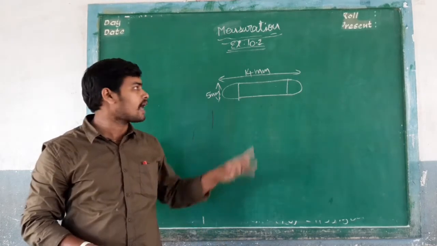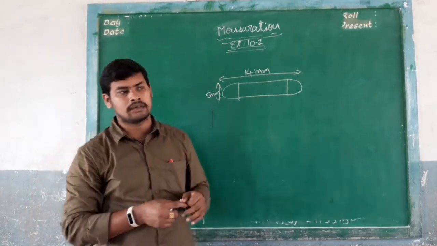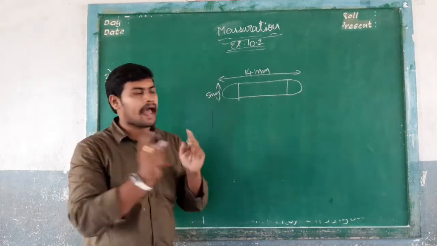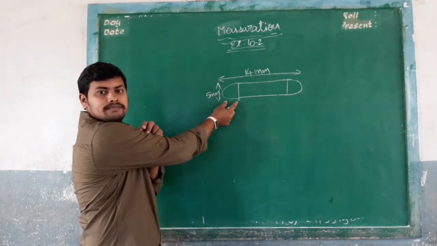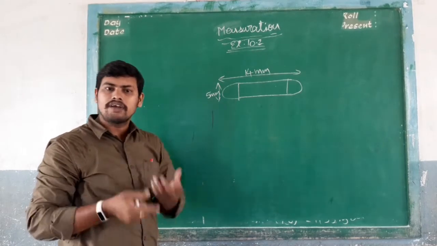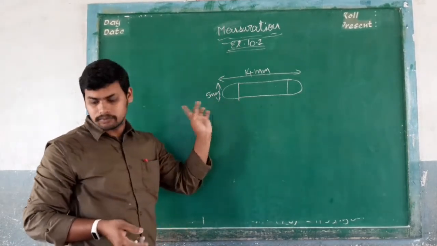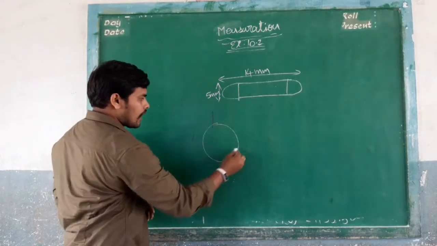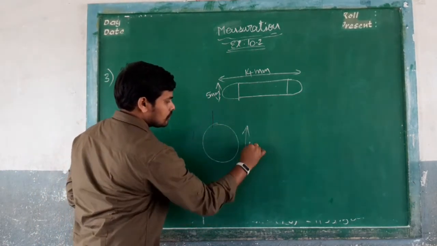How can we calculate the height of the cylinder? We already know that in every hemisphere, what is the height of the hemisphere? The height of the hemisphere is always the radius, because if you consider a circle, the height of the circle is 10.